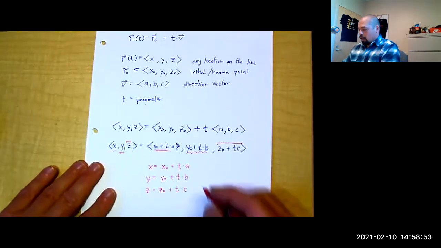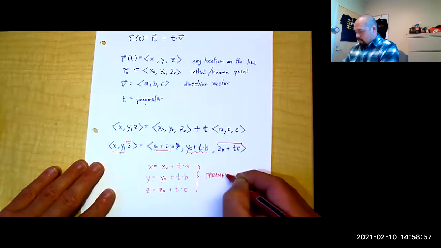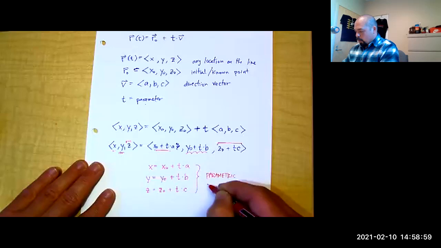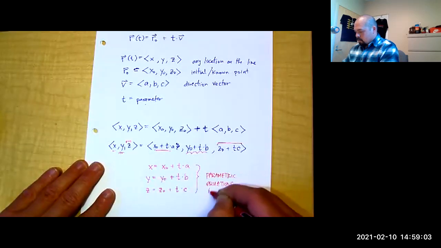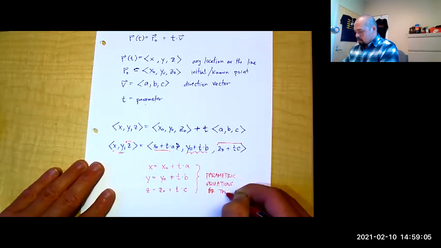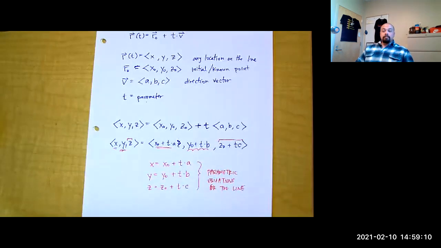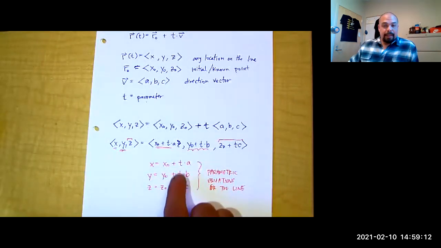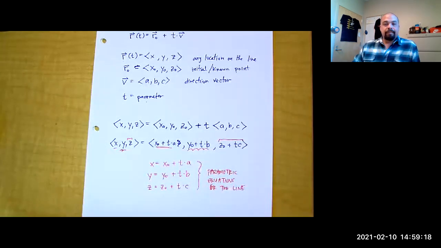These are our parametric equations for the line. Depending on what value for t you use, it has to be the same through all three. We can plug that in and get our x, y, and z locations with that choice of t.